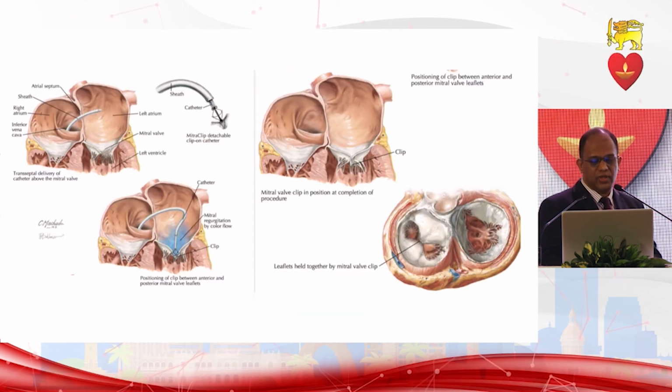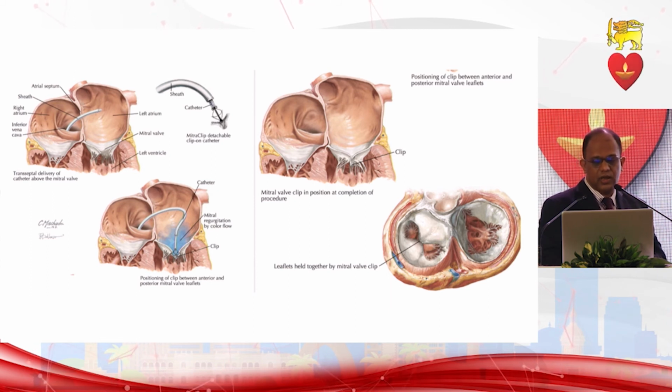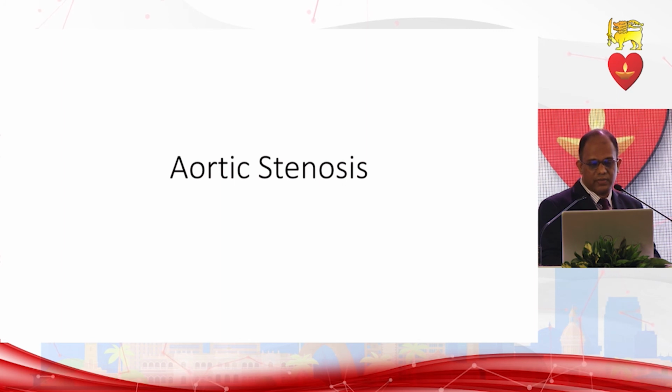And sometimes in very elderly gentlemen with very severe heart failure, we can't offer valve replacement or surgical therapy because of the patient's comorbidities. In that case, we can do percutaneous treatment. Clipping of the mitral valve is also one of the modes of treatment.